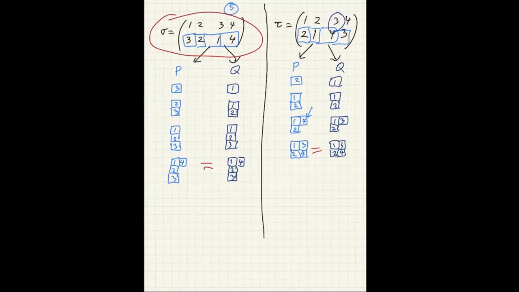And it naturally leads to the following question. What can you say about the number of involutions on n elements? So let's denote by Sn the number of involutions in Sn.